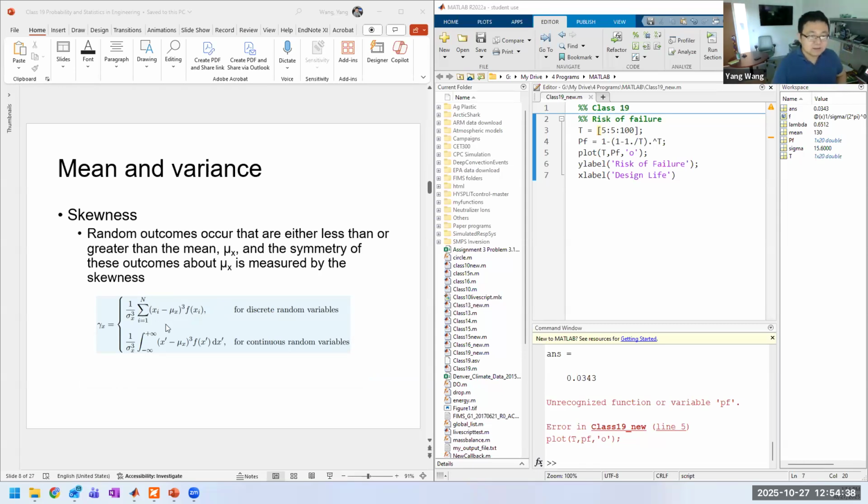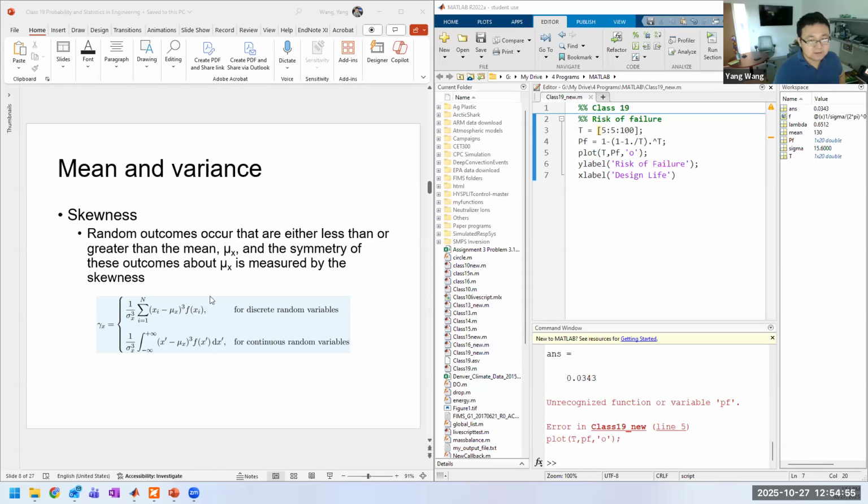So the rolling the dice scenario is going to give you a probability distribution function that has 0 skewness, right? It's basically symmetrical on the left-hand side and right-hand side of the mean value.